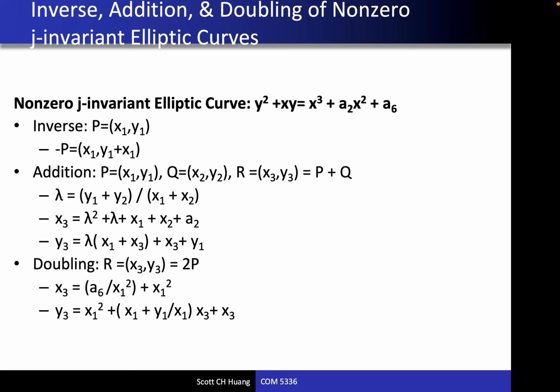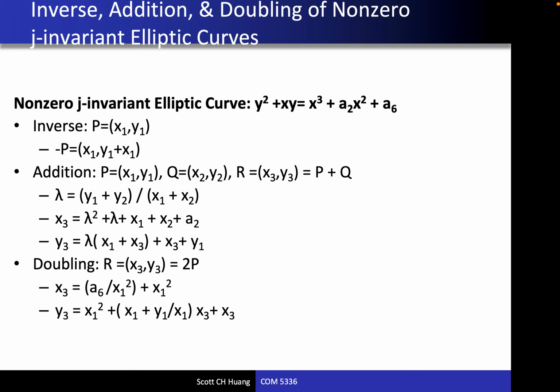Another choice is to use non-zero J invariant. If you try to visualize this type of elliptic curve, you can actually draw an elliptic curve like this by feeding some values A2 and A6. Obviously, we cannot use finite field elements.